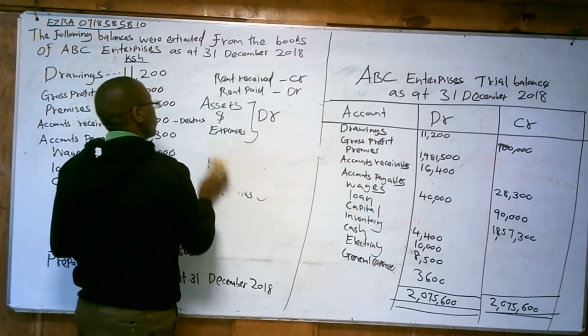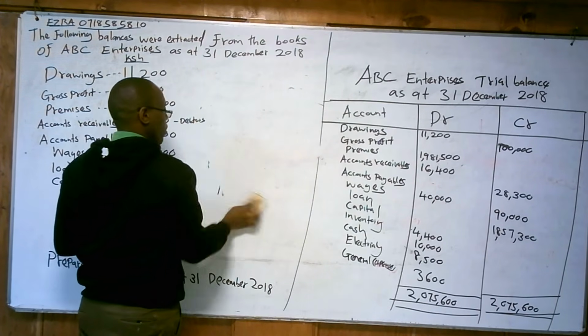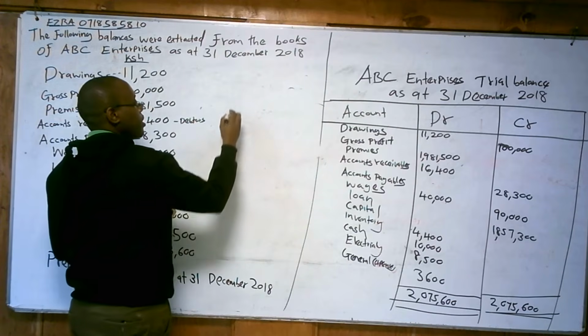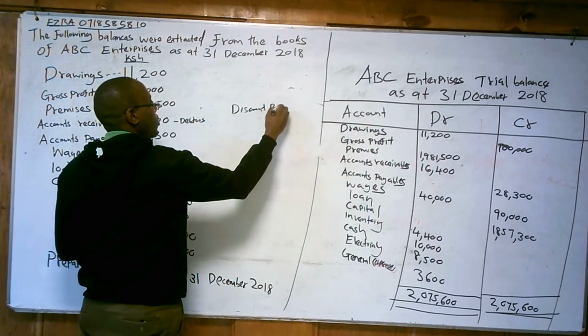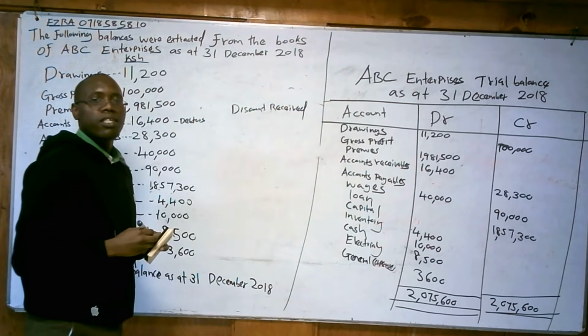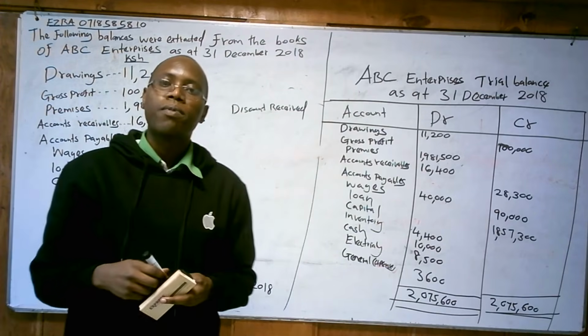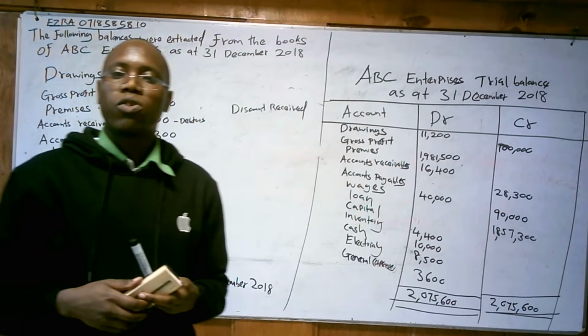If maybe you are going to be given things like discount received, the discount received is an income. Discount received is going to appear on the credit side of the trial balance.